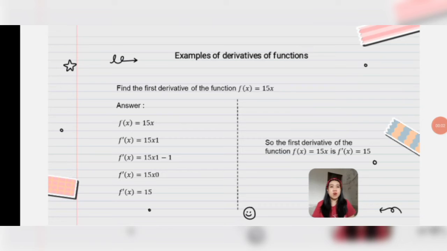Next, I will explain another example of derivatives of a function. The question is, find the first derivative of the function f(x) equals 15x. So the answer is f(x) equals 15x. f'(x) equals 15x^1. f'(x) equals 15x^(1 minus 1). f'(x) equals 15x^0. f'(x) equals 15.